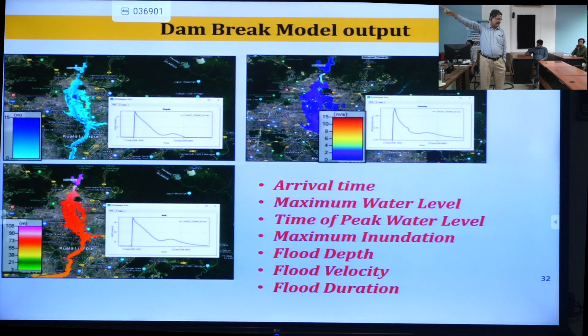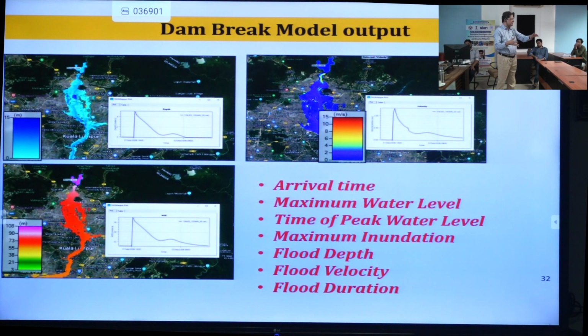You can obtain these two parameters. All these outputs are like when you eat rice and also have some side dishes. An important thing is that it can give you the flow depth and the velocity. From those two things, you can always find out all these assessments, whatever is required for you.